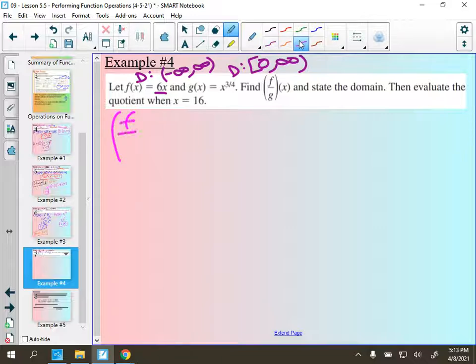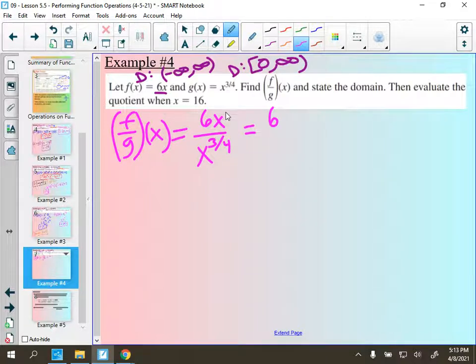F over g, or f divided by g of x, is going to be taking f of x, which is 6x, and dividing it by g of x, which is x to the 3/4 power. Can that be simplified? Yeah, I think so. Kind of like the last one, we have x's and x's in the same problem. We can fix this. So the question would be, where do I have more x's? What's the exponent on this top x here? I don't see it.